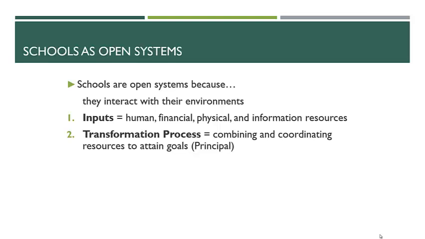And all of that the principal is going to combine and coordinate and then take the resources found in Standard 3, and later on, as we'll see, those things that are in Standard 4, 5, and 6.